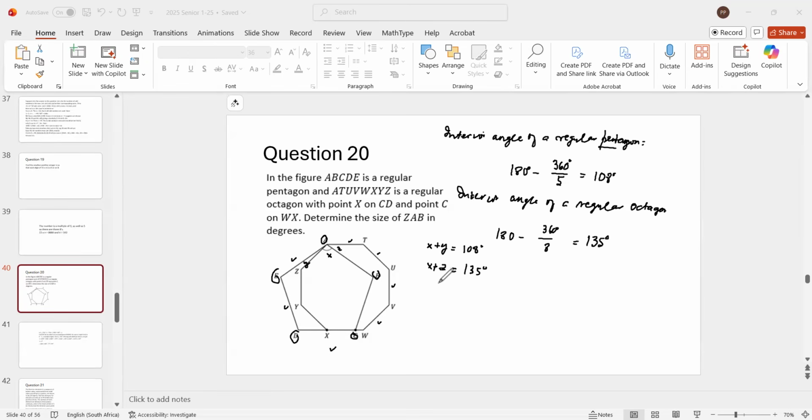The sum of the 7 angles is the sum of the interior angles of any polygon. Okay, the sum of the interior angles of any polygon having n sides is n minus 2 straight angles.